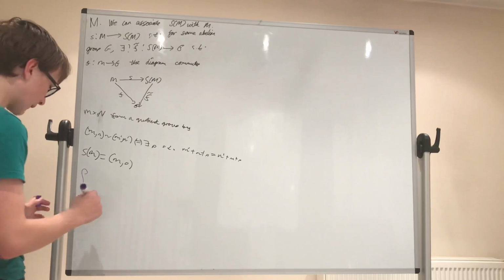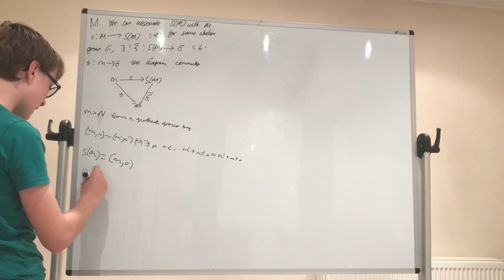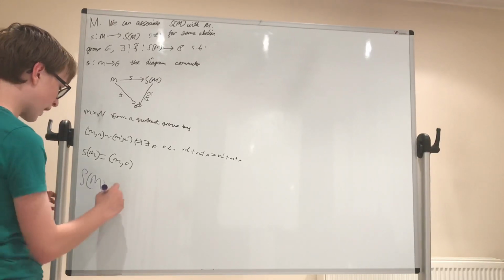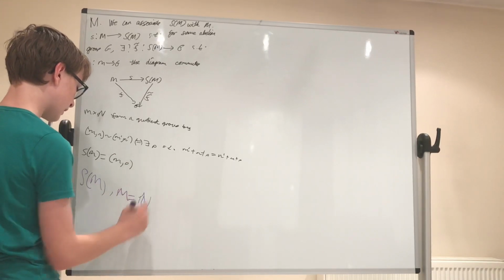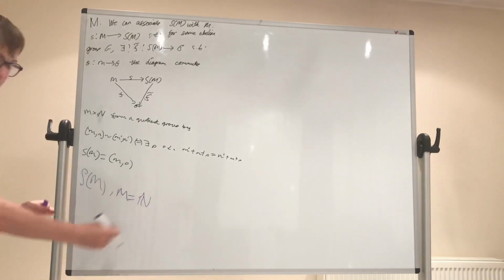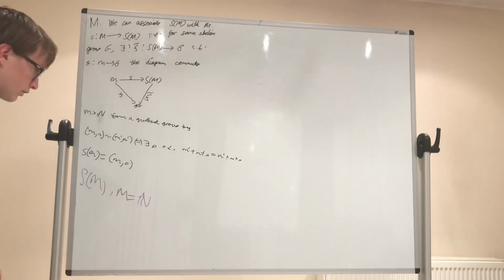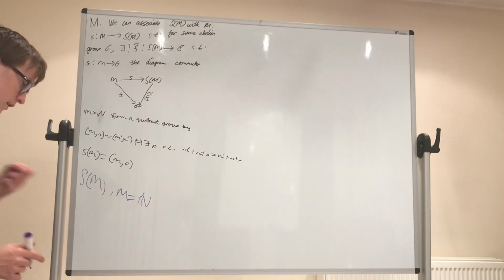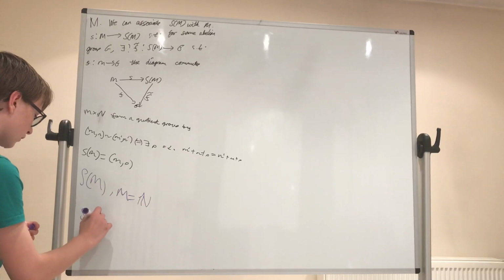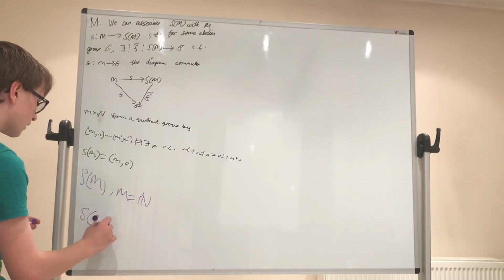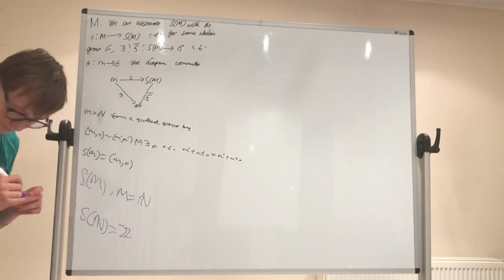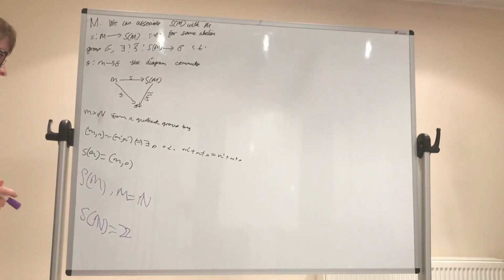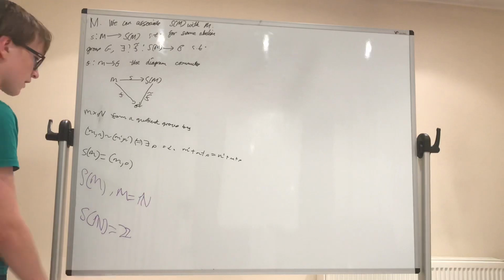Okay, so if we have S of M, where M is the natural numbers, including 0, then S of N is precisely the integers, okay? As you can check very easily, okay?